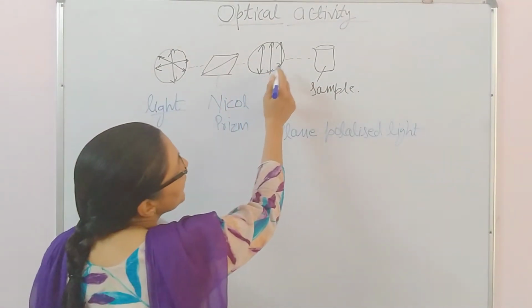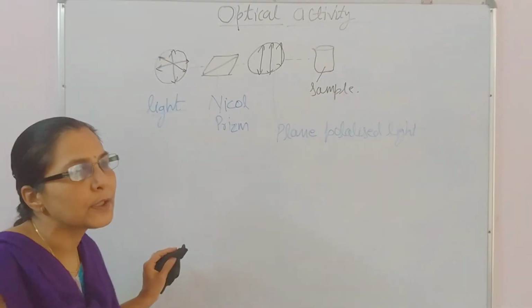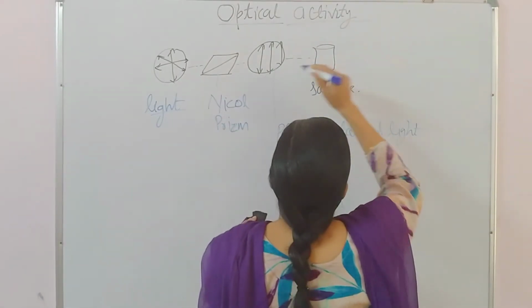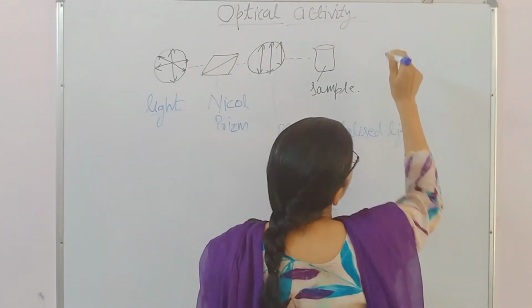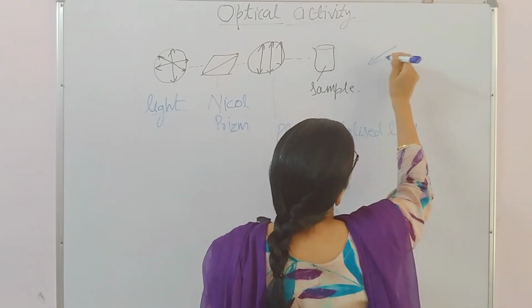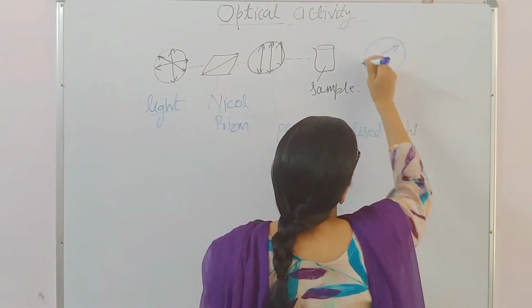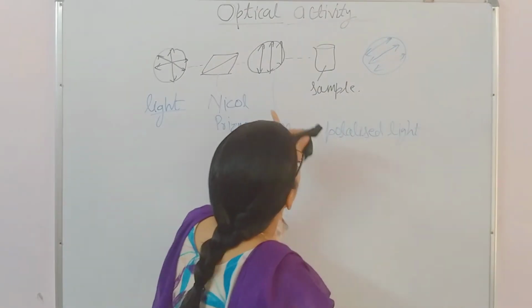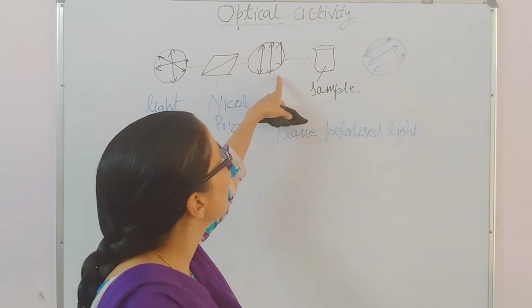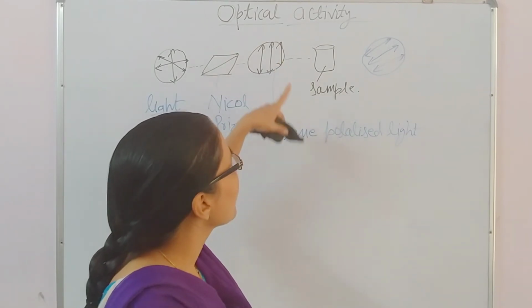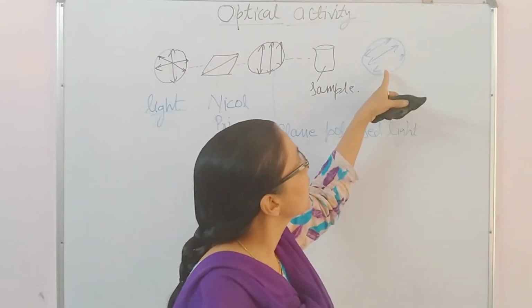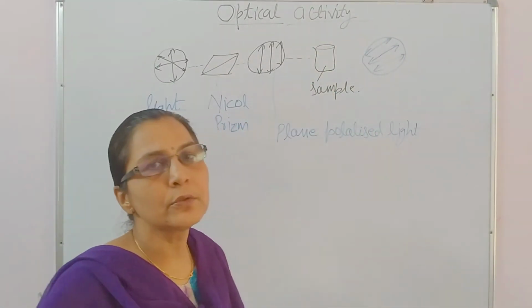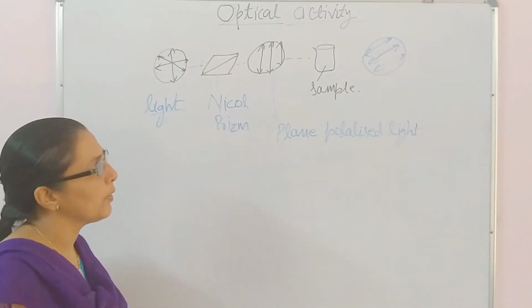Now this plane polarized light is passed through the optically active sample. Then suppose the direction of light, rather than vertical, is in this manner. Then we can say that a sample which rotates plane polarized light either in the left direction or in the right direction is known as an optically active compound.